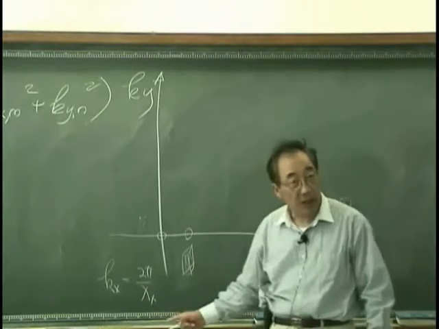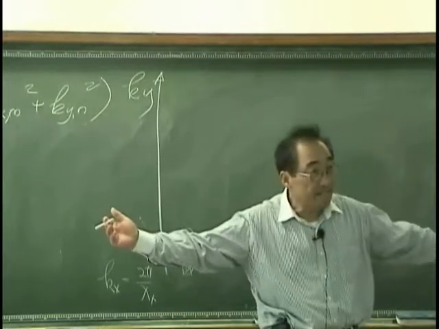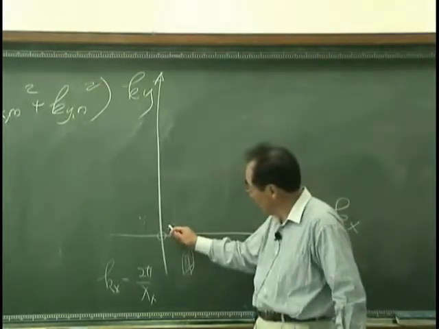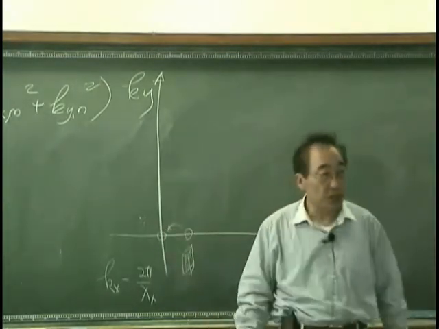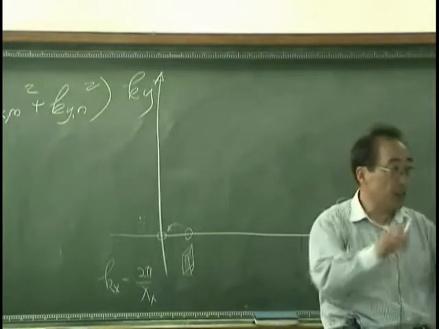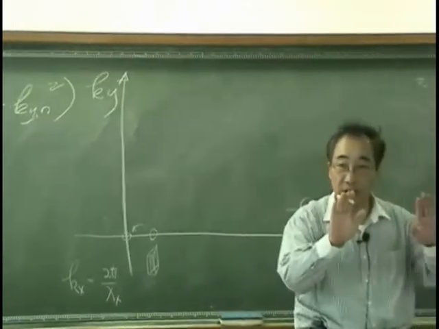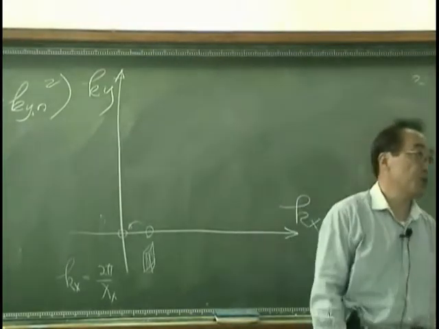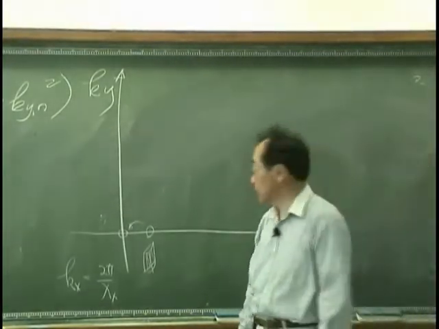That means the wavelength is infinity, right? Okay, that certainly gives us a hint. What does it mean? That means that there's no wave in either x or y direction. Therefore, no wave is generated.